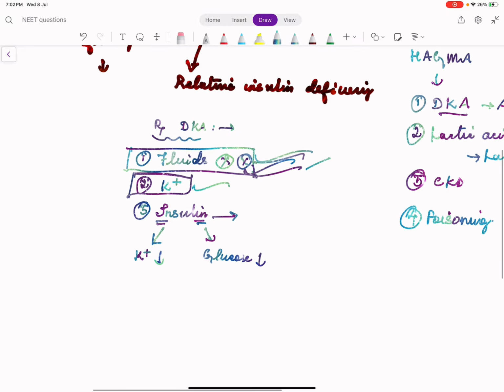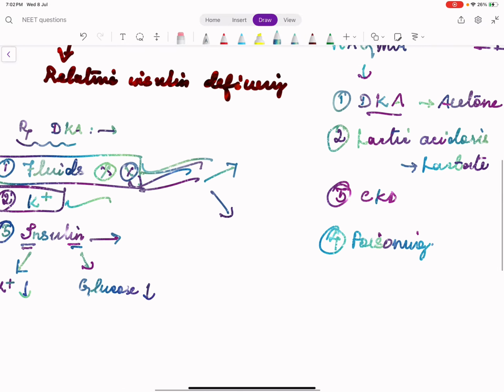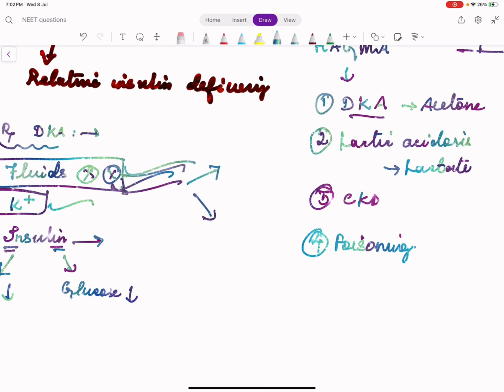Now what fluid are you going to give? So fluids are of 2 types. Again, it is reasonable discussing fluids a little bit because 2 to 3 questions came on fluids also in the last 2025 NEET. They are colloids and crystalloids.